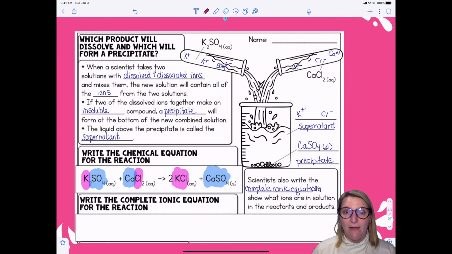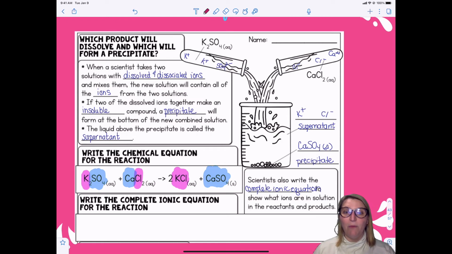So this is what happens when we mix two solutions together. When a scientist takes two solutions with dissolved and dissociated ions, like we did with those droppers, and mixes them, the new solution contains all of the ions from the two solutions. If two of the dissolved ions together make an insoluble compound, we say a precipitate forms.